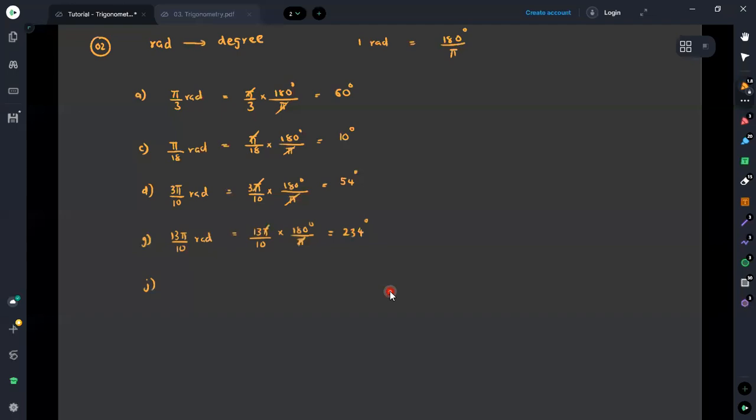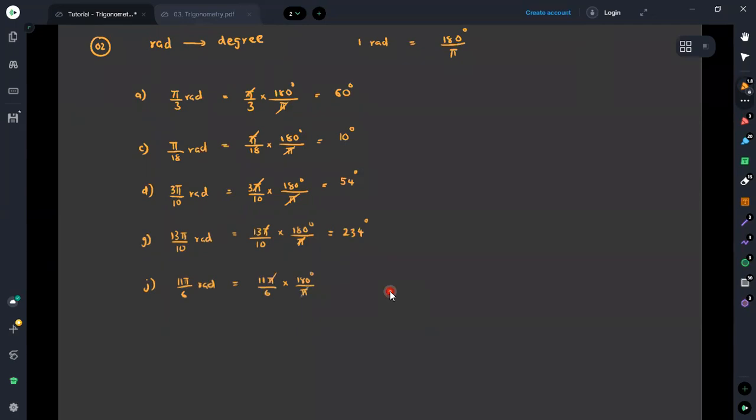In a similar manner, we can continue it for the last part. It is the part J. It is 11 times π divided by 6 radians. Then we can get it as 11 times π divided by 6 multiplied with 180 divided by π.